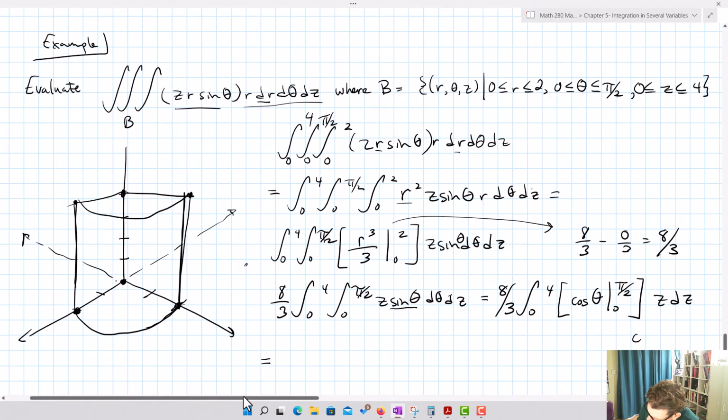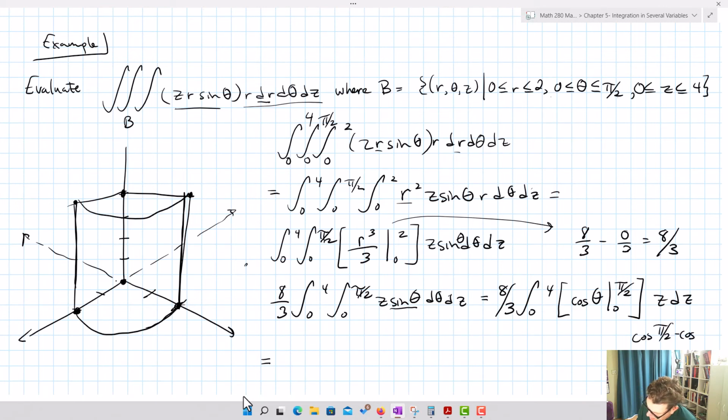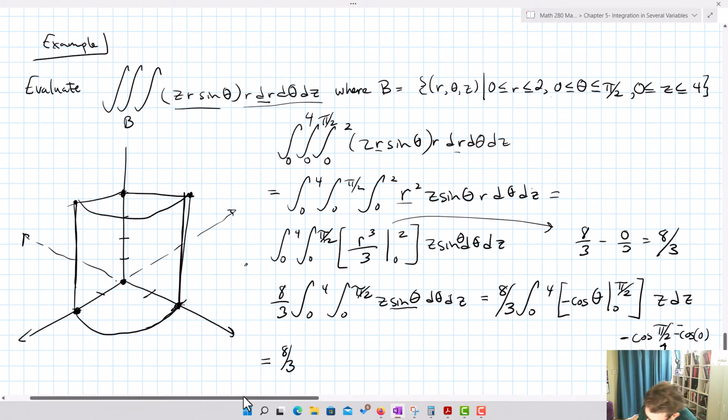Oh, this should actually be negative, shouldn't it? Negative cosine of pi over 2 minus negative cosine of 0 is going to end up equaling positive 1. So that's positive 1.